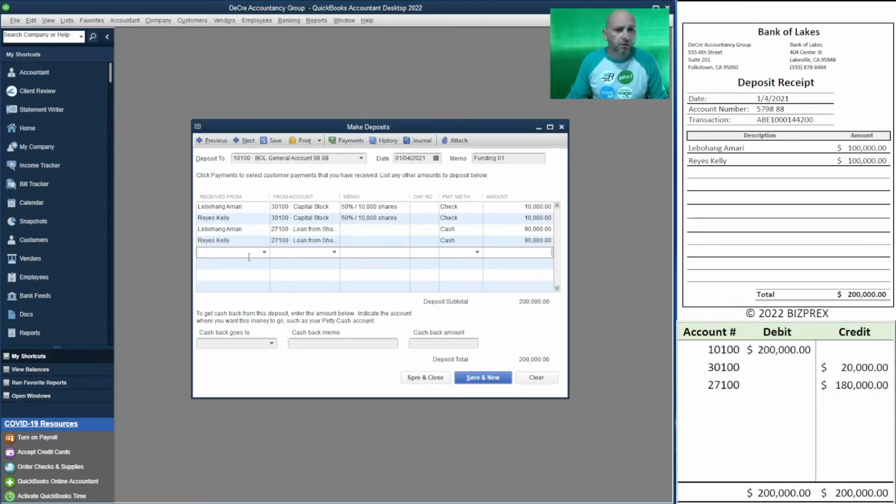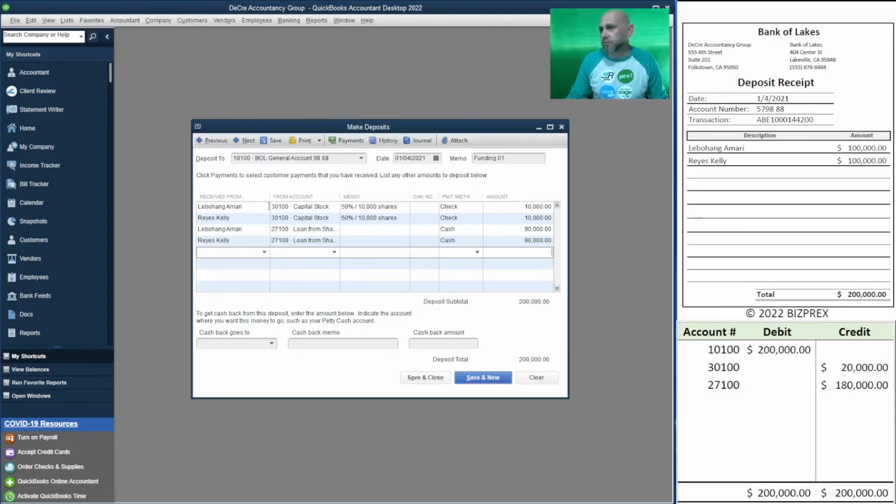So again, let's take a look at this transaction and make sure we understand our debits and credits, right? What's happening here? Well, we have this 200,000, right? Here it is. It's being deposited to our bank account, bank account 10100 right here. It's our Bank of Lakes general account. So it is being debited, it goes up. What else is happening here?